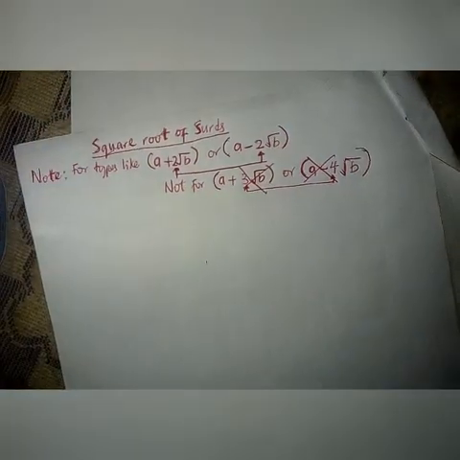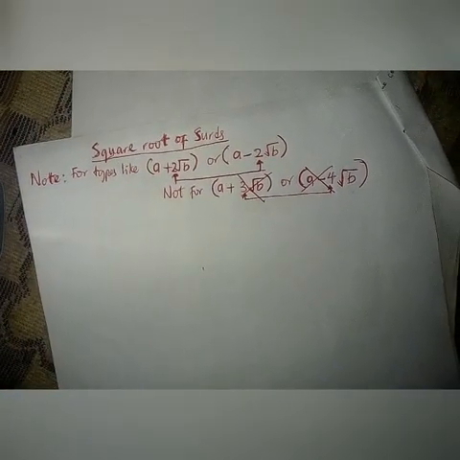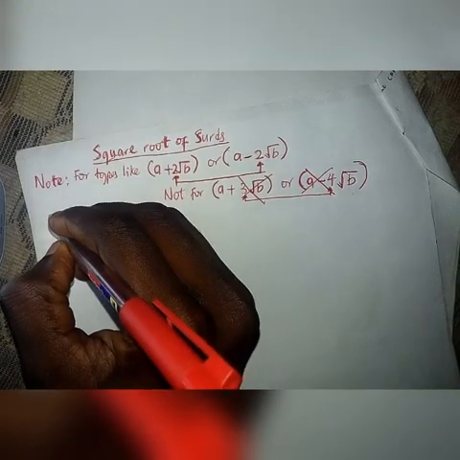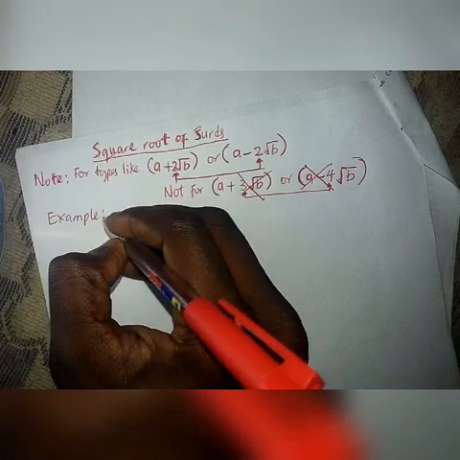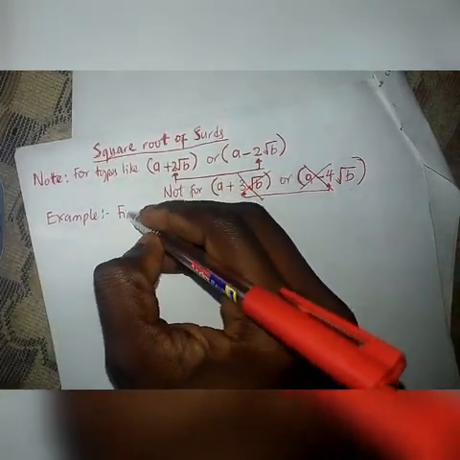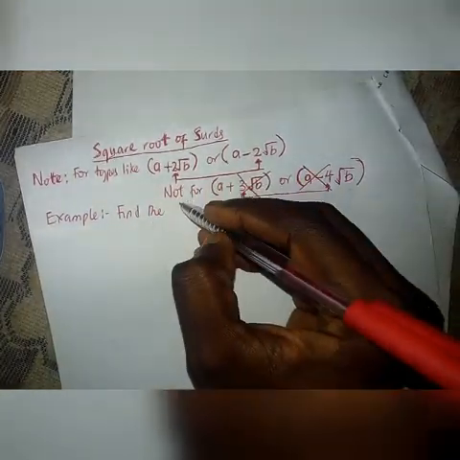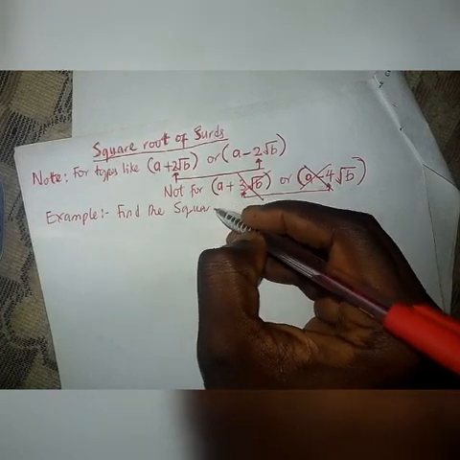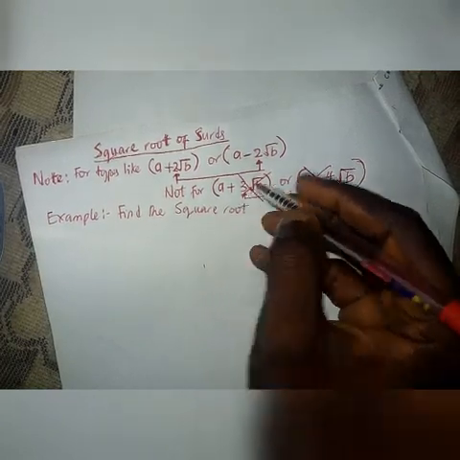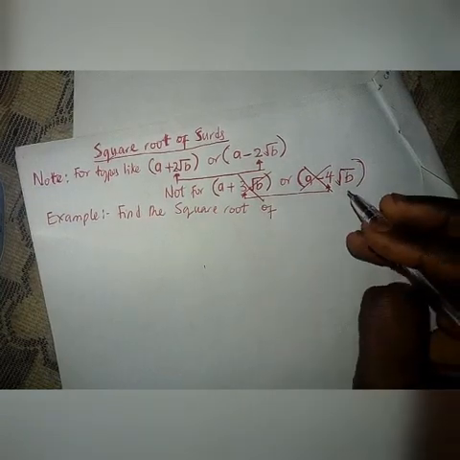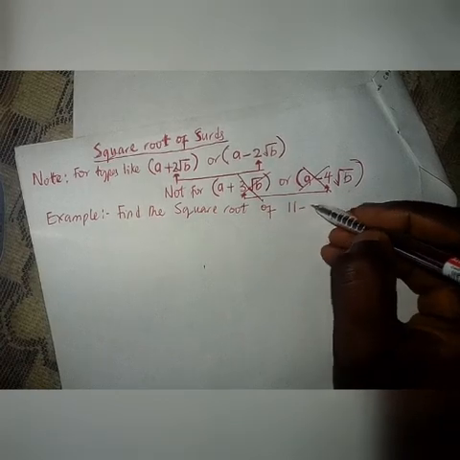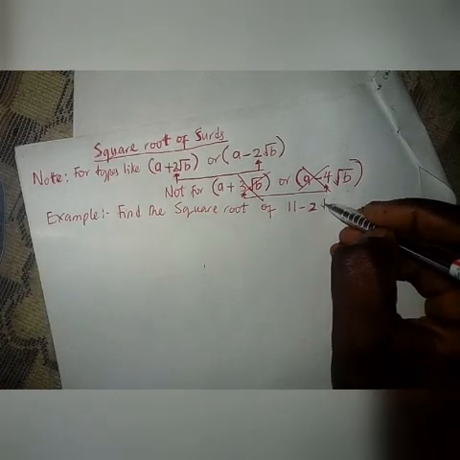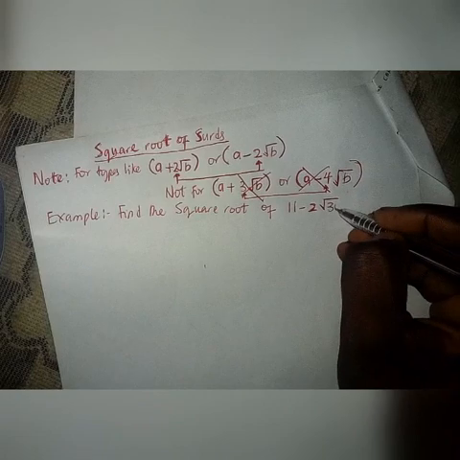So example. Find the square root of 11 minus 2 surd 30.